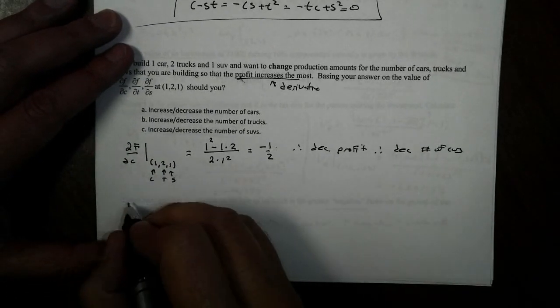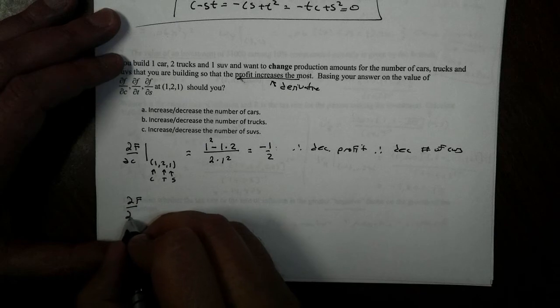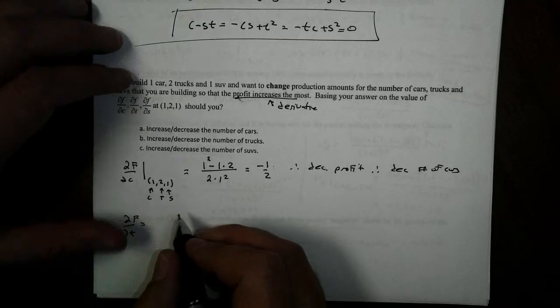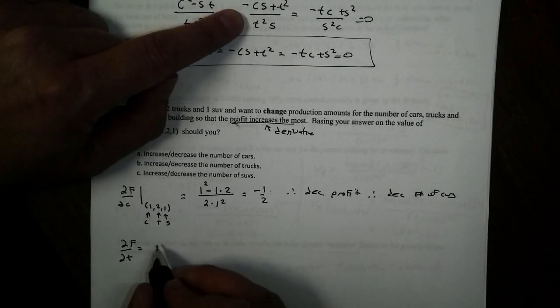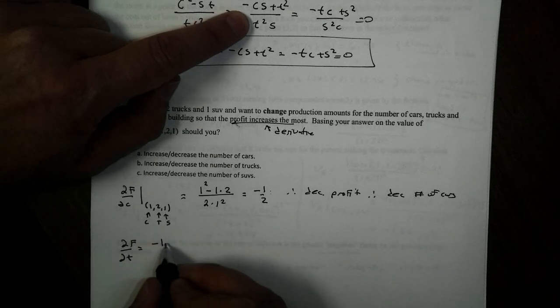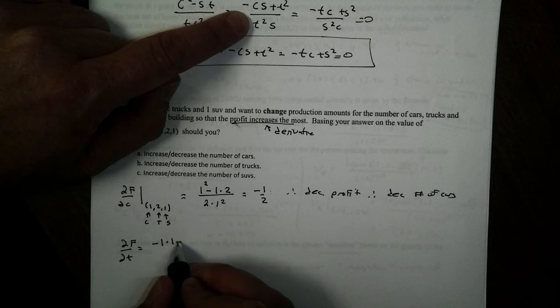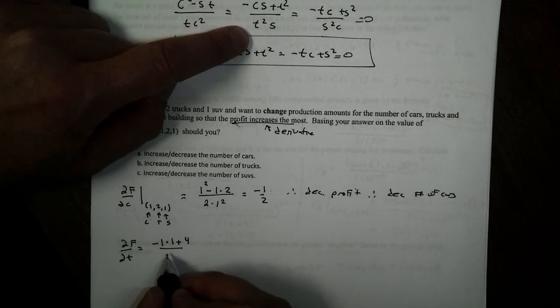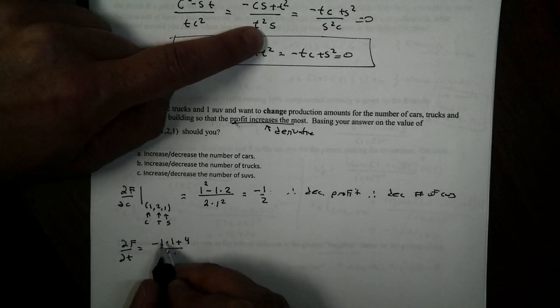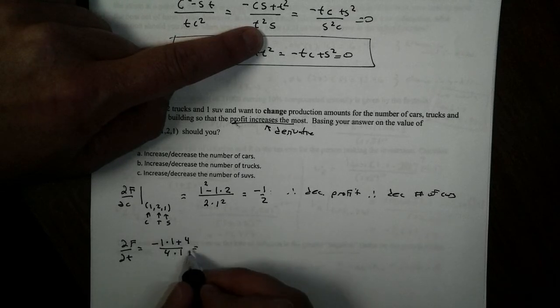If I look at the change in the profit with respect to trucks, right up here, if we plug this in, we're going to get negative c, which is 1, times s, which is 1, plus t squared, which becomes 4, over t squared, which is 4, times s, which is 1. And here we're going to get 3/4.